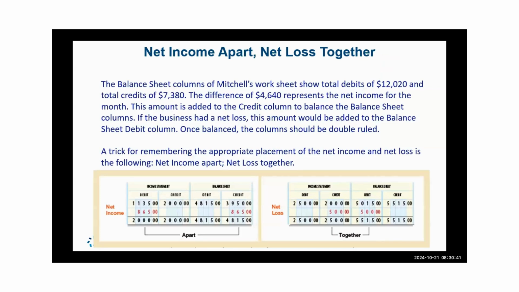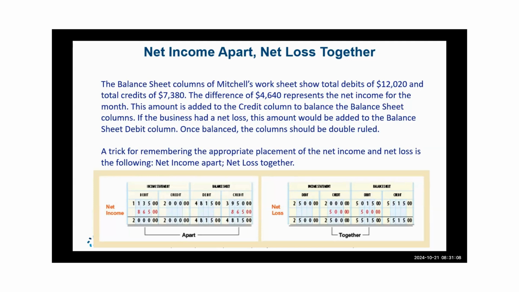All right, so at the bottom of the last slide, we are going to learn net income apart, net loss together. The balance sheet columns of Mitchell's worksheet show total debits of $12,020 and total credits of $7,380. So the difference of $4,640 is our net income. We're used to seeing it just in the income statement, but now we're seeing it in a little bit different format.